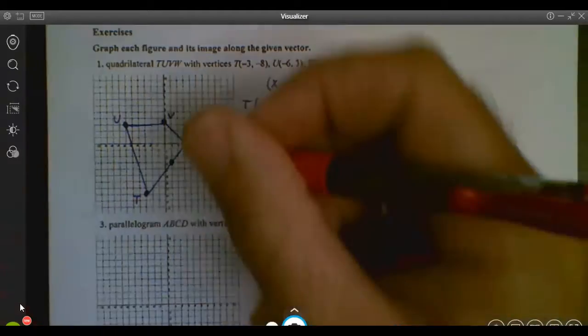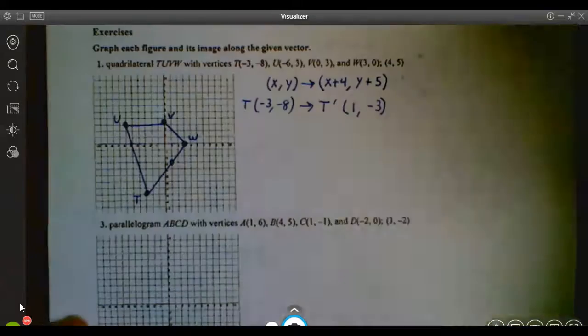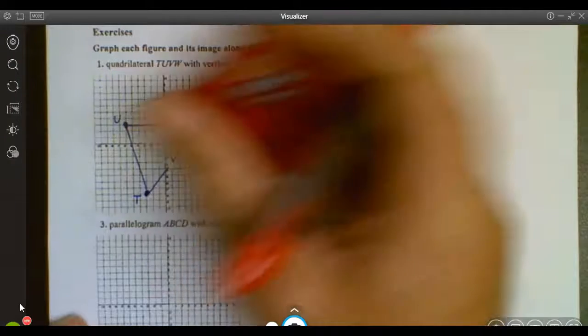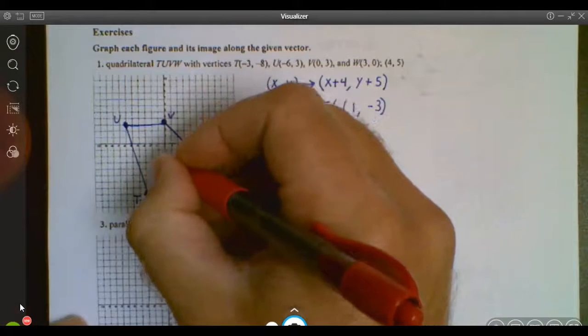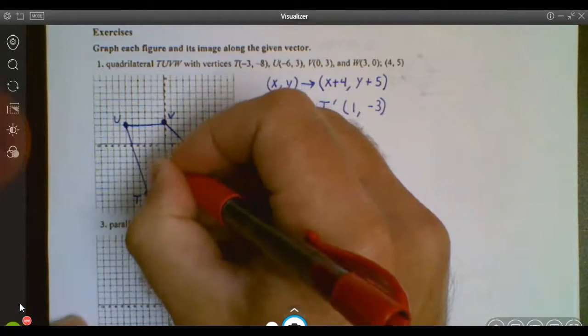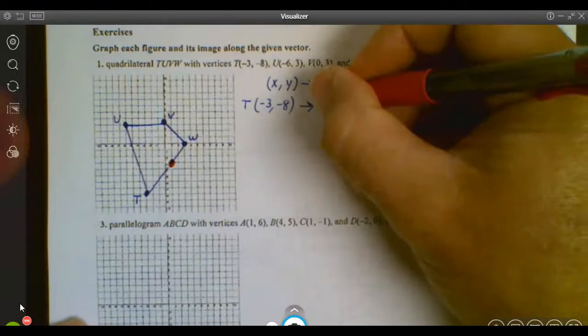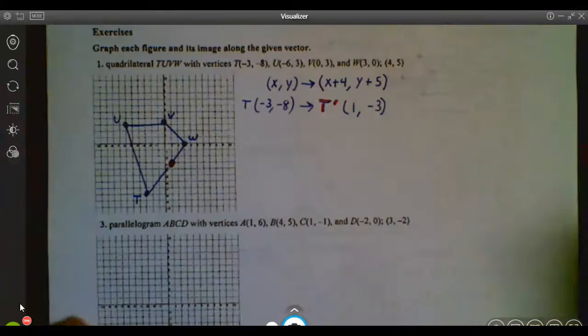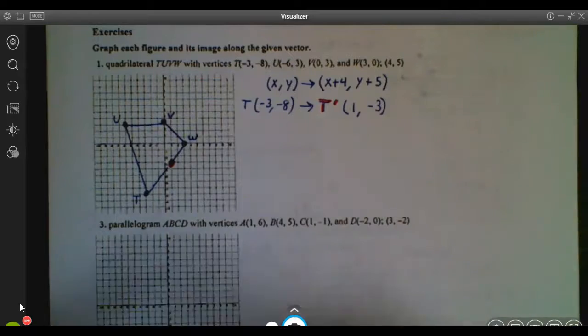Maybe I can try to use a different color for this, to make it a little more clear. So we'll do the red ones as my prime marks. So let's keep going on that.